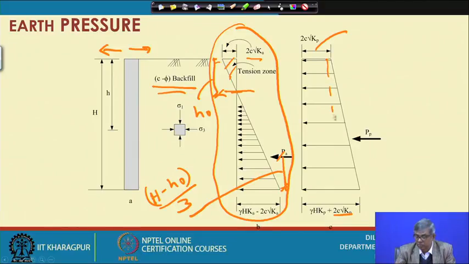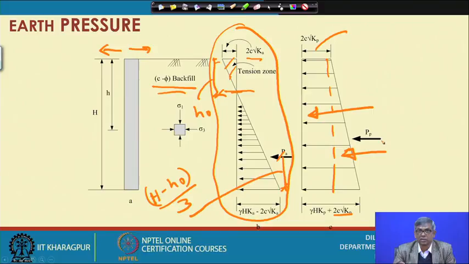You can divide into two parts, the rectangular part will act at the midpoint, the triangular part will act at h by 3, then the resultant point of application can be obtained by taking moments. Okay. So, this is the diagram you have to understand.